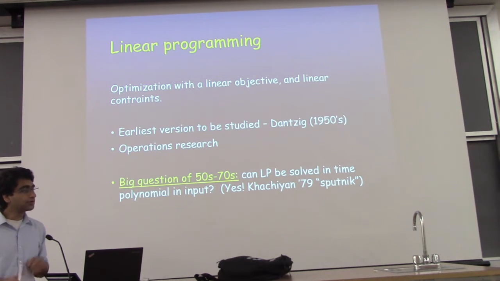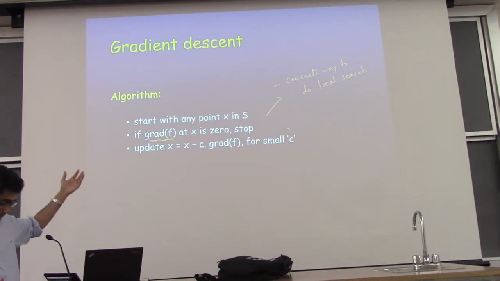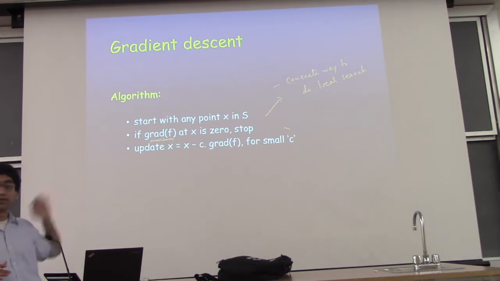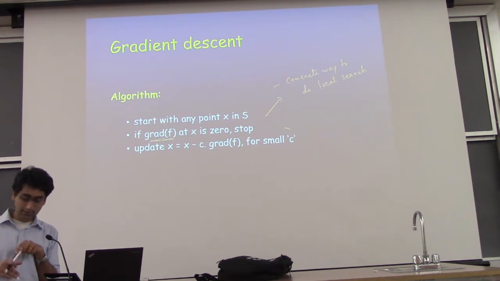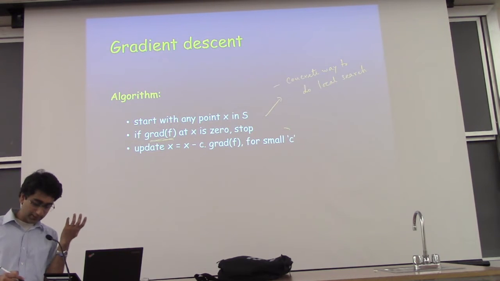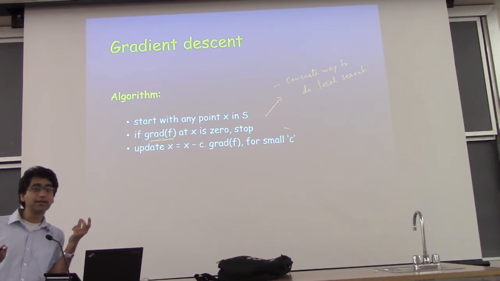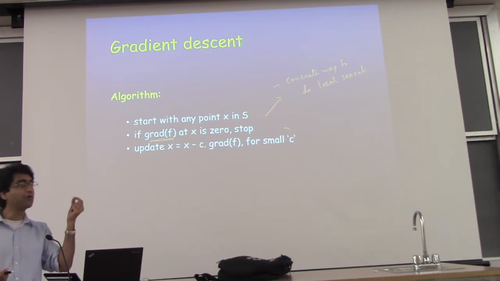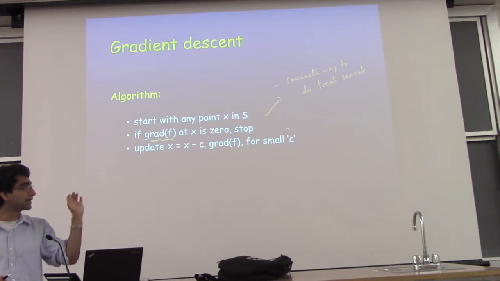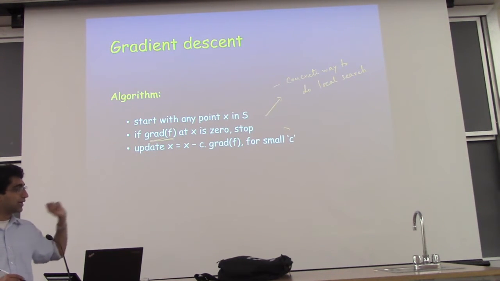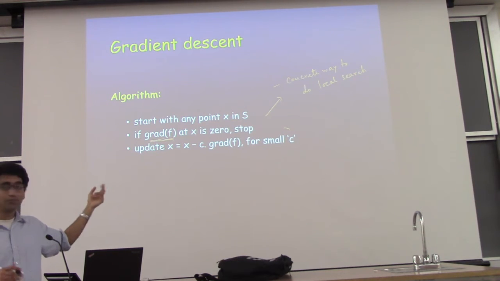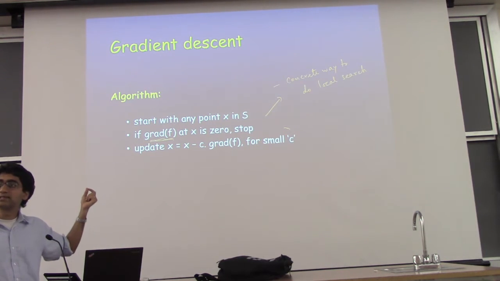Alright, so this was convex optimization, and this is a pretty general, powerful way of solving problems, right? But as I said before, there are a lot of issues here which I didn't get into, which is how do you find the first feasible point, right? And also, what should this delta be?